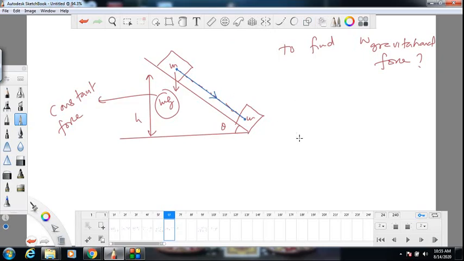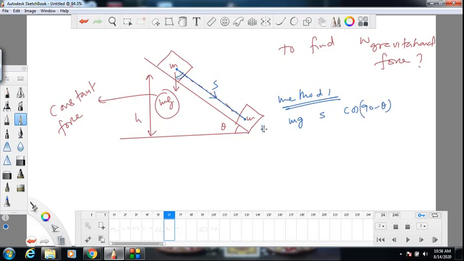First method is method 1. You can write magnitude of force into magnitude of displacement into cos of angle between them. Angle between them is 90 minus theta.